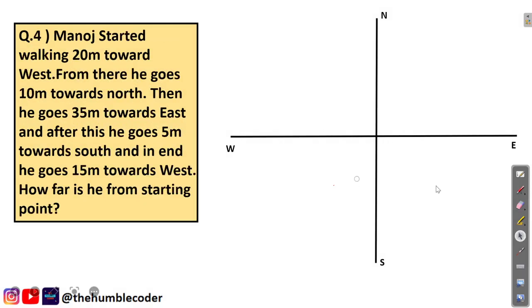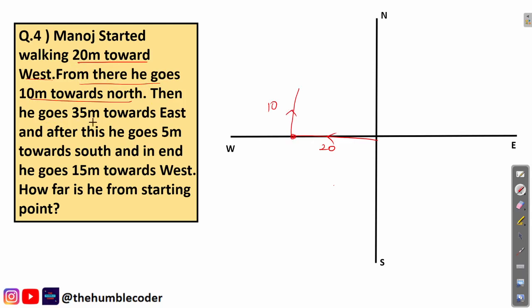So the next question is, Manoj started walking 20 meters towards the west. So this is the west direction and Manoj is walking 20 meters towards the west. Now the next thing that is given is, from there he goes 10 meters towards north. So from here he is going 10 meters towards his north.